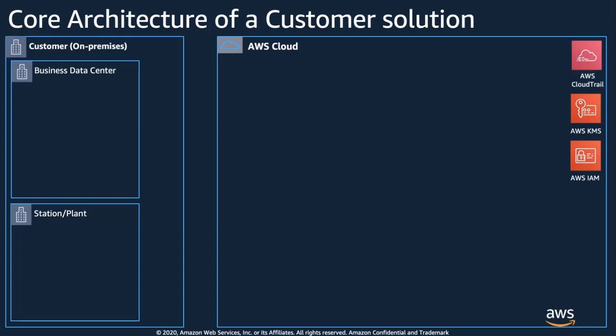Let's walk through the architecture step by step. This is the core architecture of our usual industrial customer solutions. The left side of it, which is the customer on premises, usually differs depending on your infosec setup, your security on premises. However, they're more or less similar. So you have your PLC.